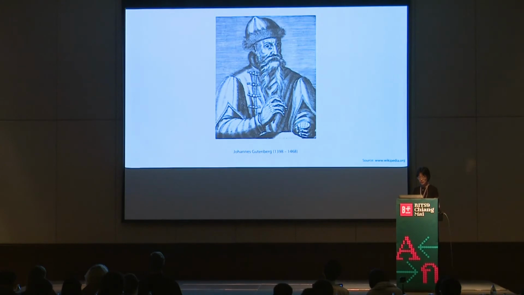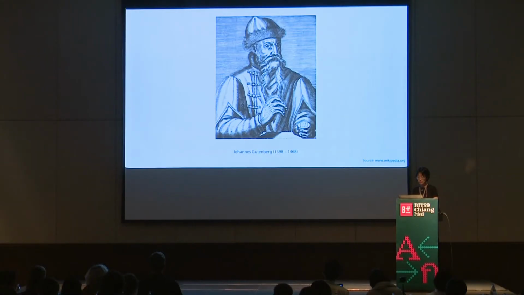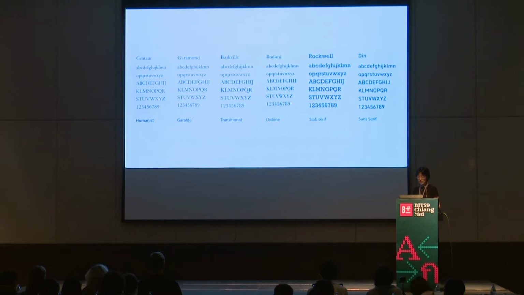Between 1436 and 1450, Gutenberg invented a metal movable type printing system in Europe. After that, the styles of Latin typefaces could be categorized into Humanist, Garalde, Transitional, Didone, Slab serif, and sans serif.